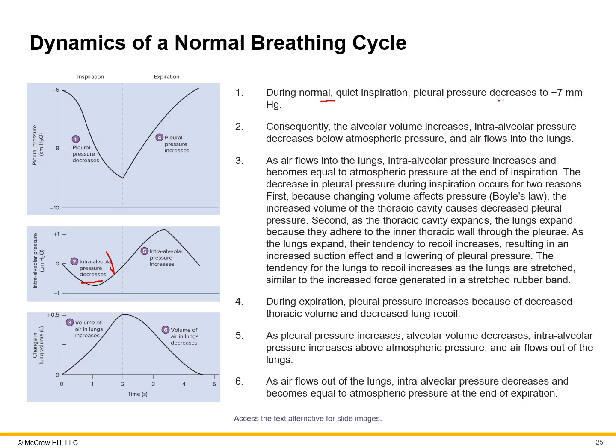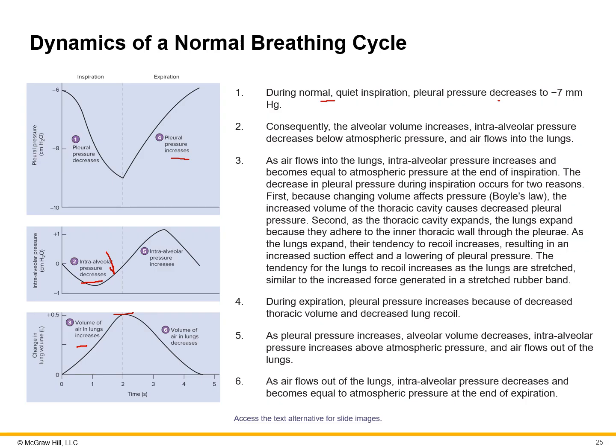So air is coming into the lungs now. Then the air comes in, that pressure increases, becomes equal, and now we're going to stop the airflow.